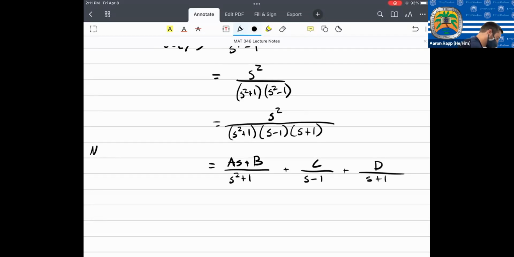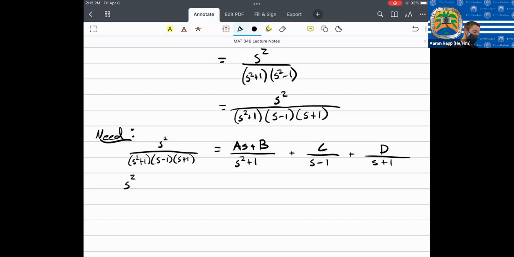So what we need is for that s squared over s squared plus 1 times s minus 1 times s plus 1 to be broken up into this system of fractions. So I'm going to have 4 equations with 4 unknowns.